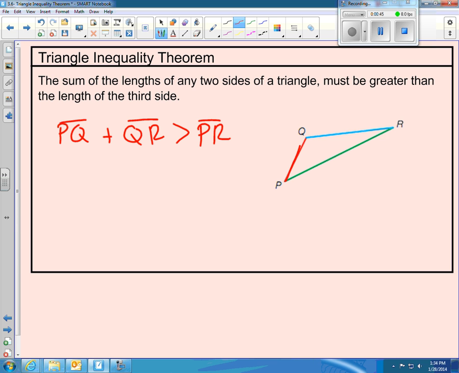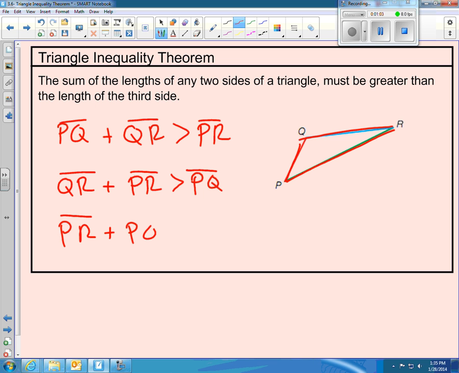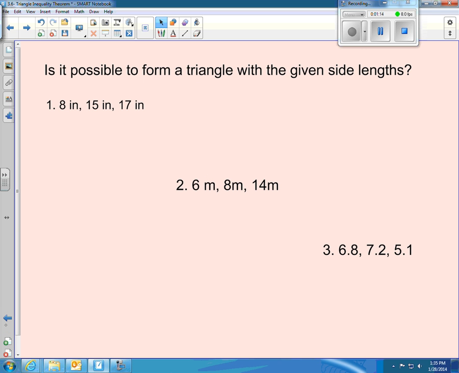We can also say that about another set of two, QR plus PR must be greater than PQ. And last, PR plus PQ is greater than QR. If you see these three happen, then yes, it creates a triangle.